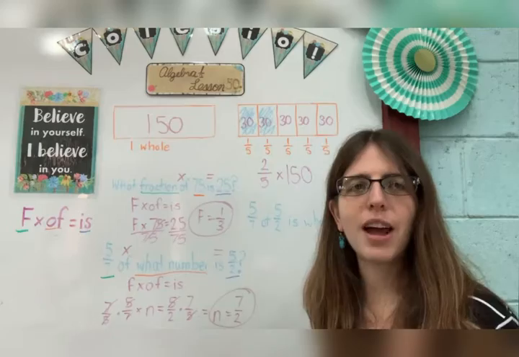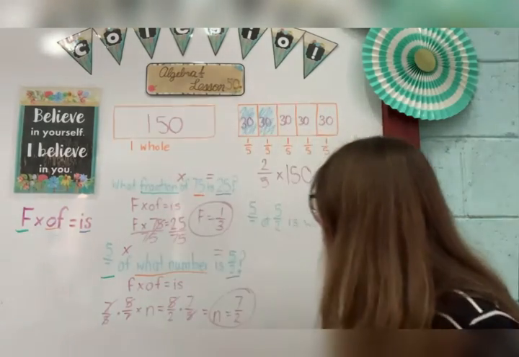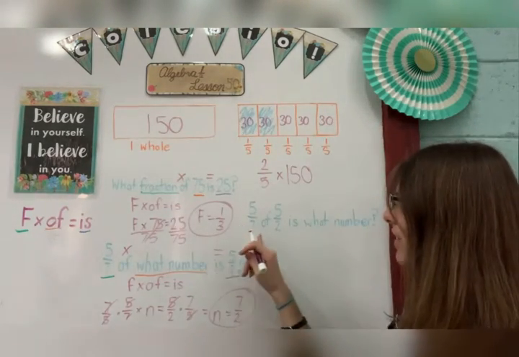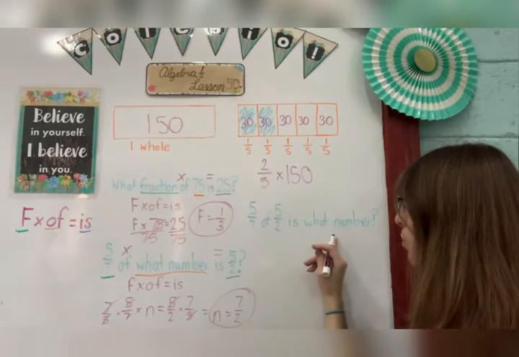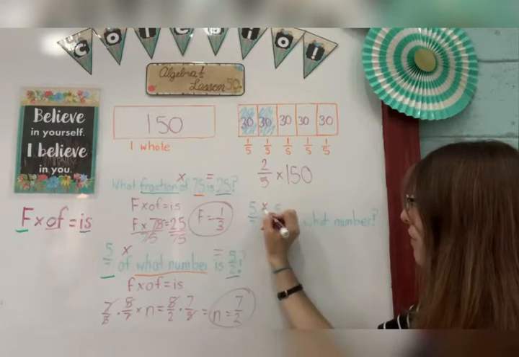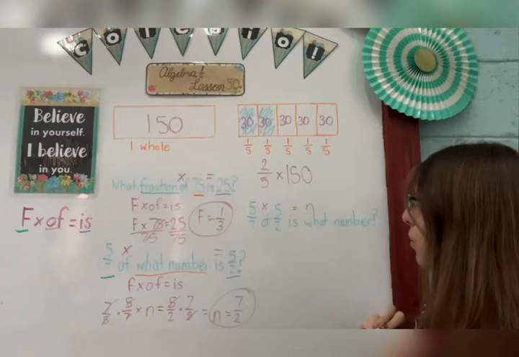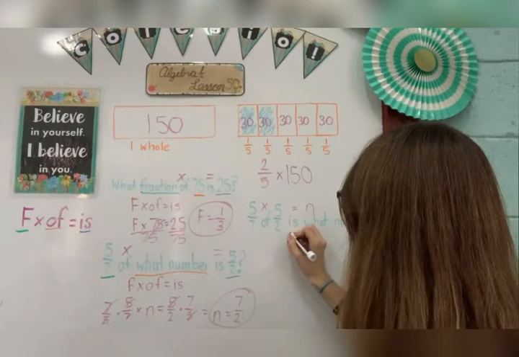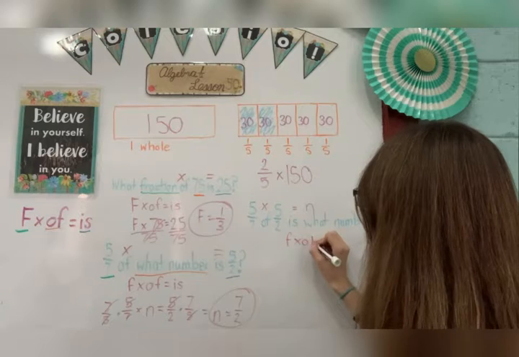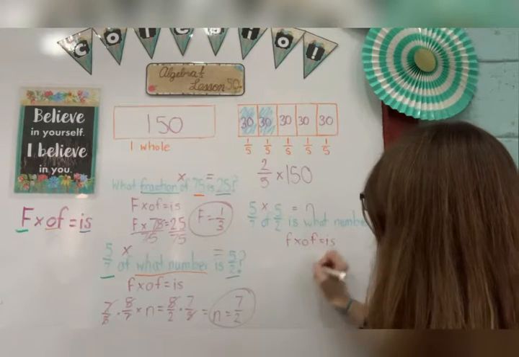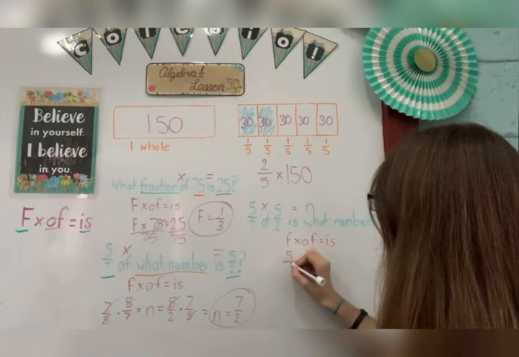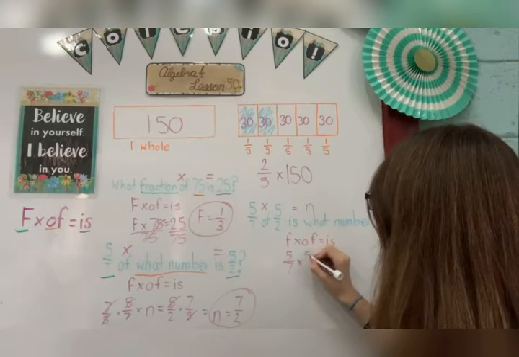All right, let's try one more example. 5/7 of 5 over 2 is what number? So I have 5/7 times 5 over 2 equals what number? F times of equals is. 5/7 times 5 over 2.